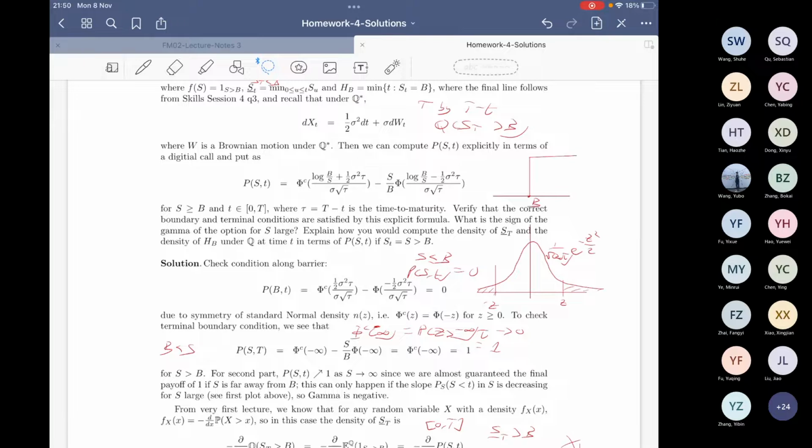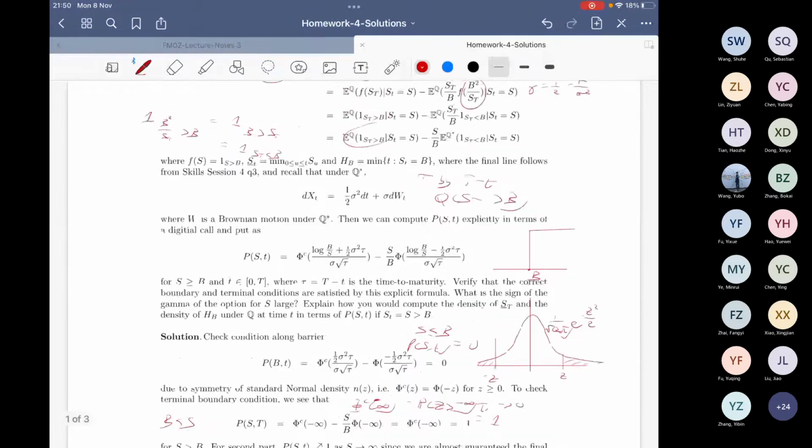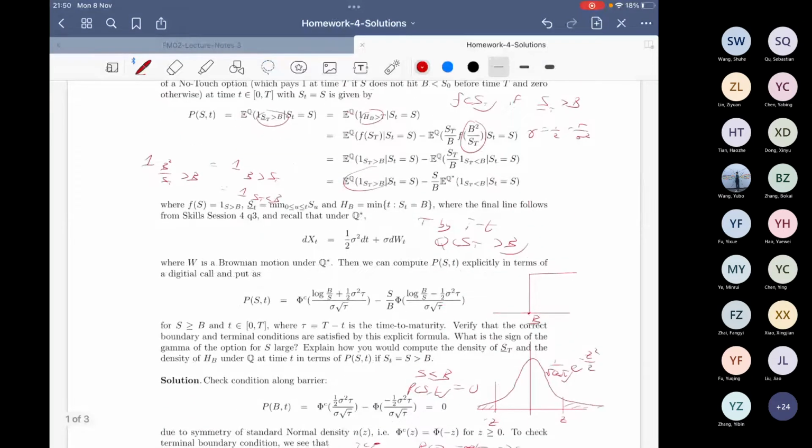Because I think it has the same process to standardize normal. I mean, we're working on that probability, so it's good that we're checking it. We're working under Q. Under Q, dXt has a drift of minus a half sigma squared when the interest rate is 0.